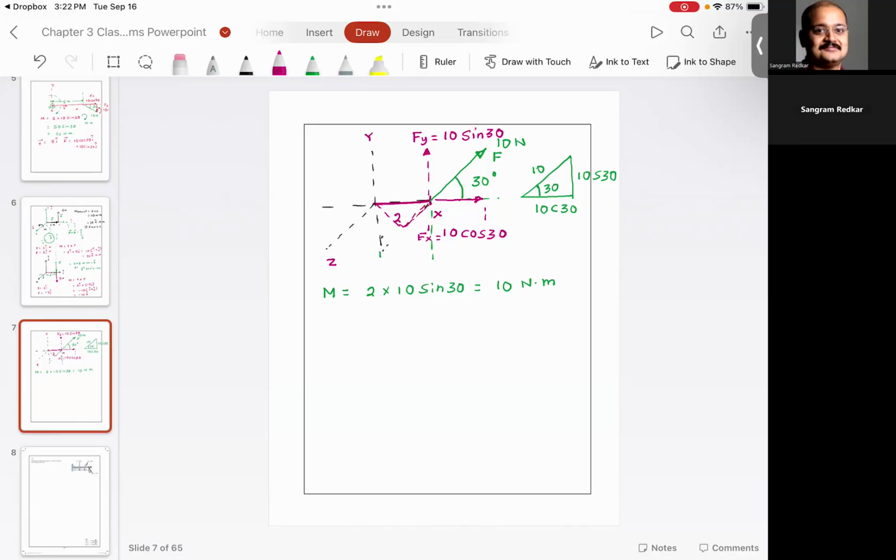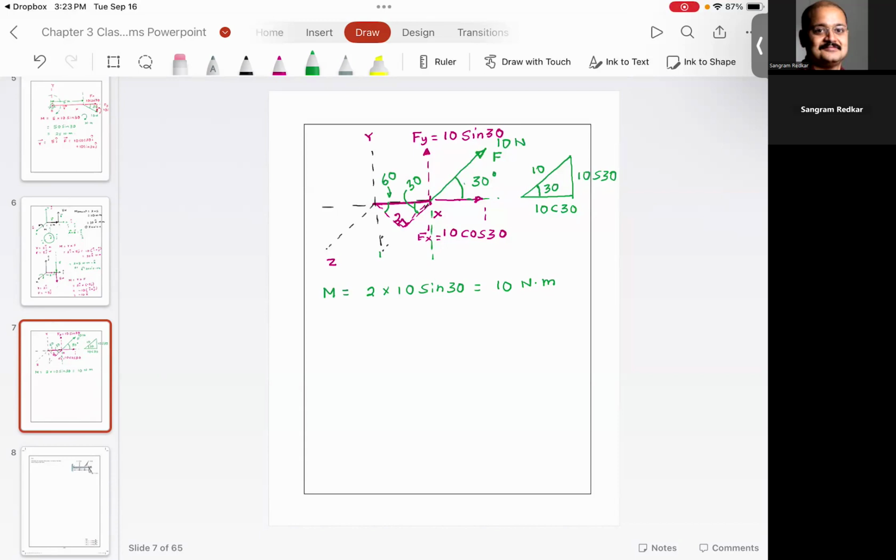So this distance is 2. This angle is 90 degrees. Since this is 30 degrees, this angle is going to be 30 degrees. Since this angle is 90 degrees, you agree with me, this angle is going to be 60 degrees. You agree with me?